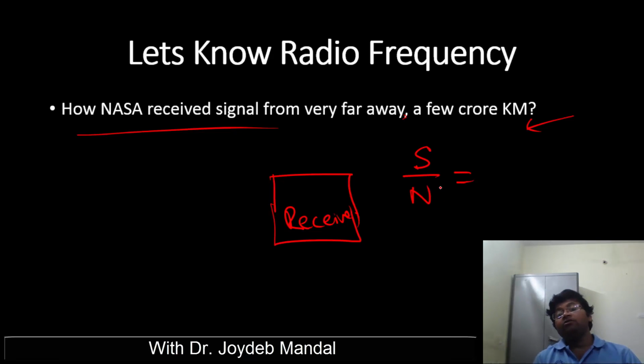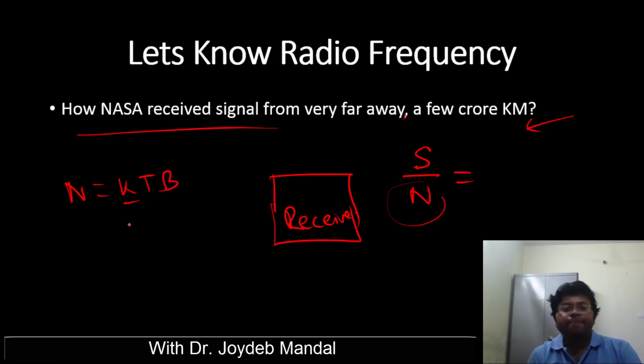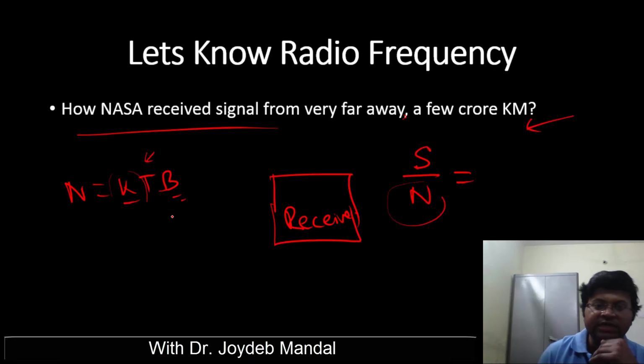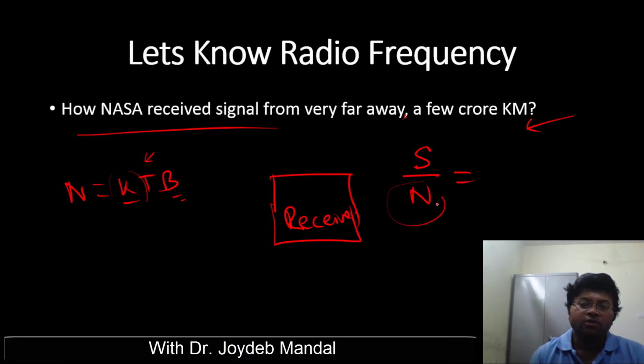Now, how will noise be reduced? There is a big question. There is a formula: noise is equal to KTB. K is the Boltzmann constant, T is the temperature in Kelvin, and B is the bandwidth, how much signal you are getting. Sometimes to reach a higher data rate we use a high bandwidth. To receive a very small signal, we will then amplify it to a higher amount.